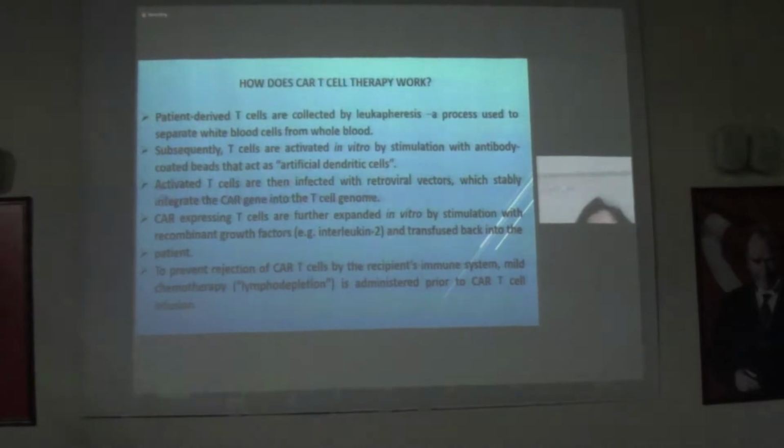The CAR expressing T cells are further expanded in vitro, cultured in the lab by combining growth factors like interleukin-2, and transfused back to the patient. To prevent the rejection of the CAR T cells by the recipient's immune system, before infusing them back, chemotherapy is provided, that is, lymphodepletion is performed before infusing them back to the patients.